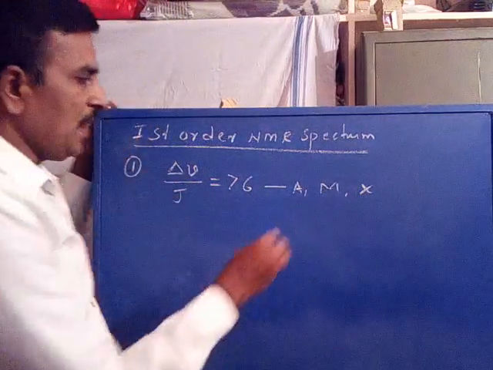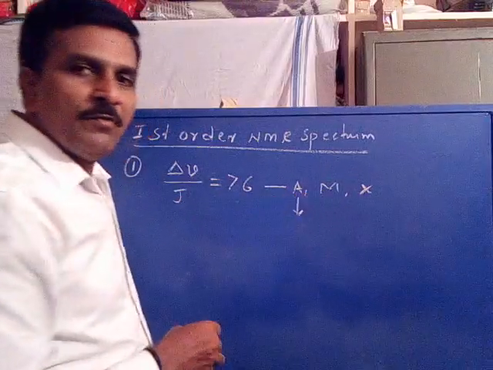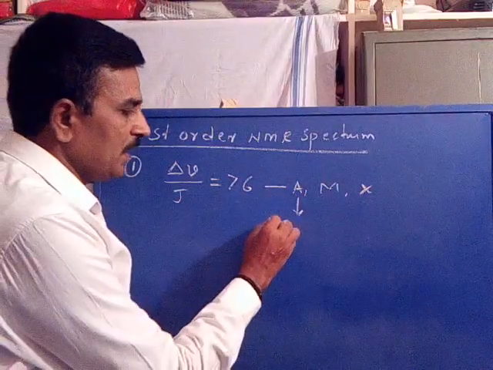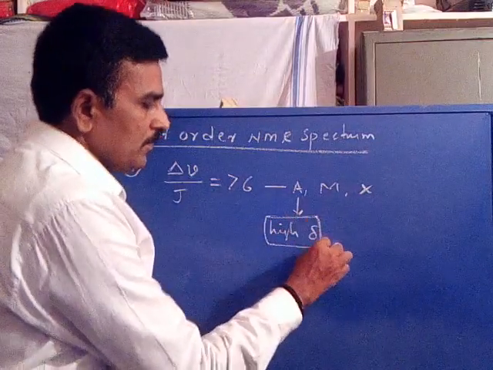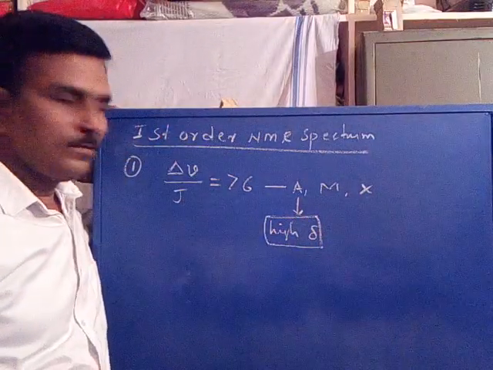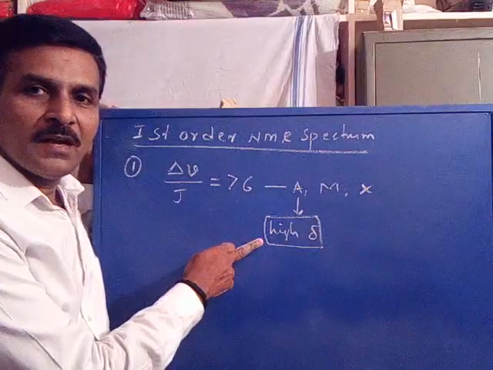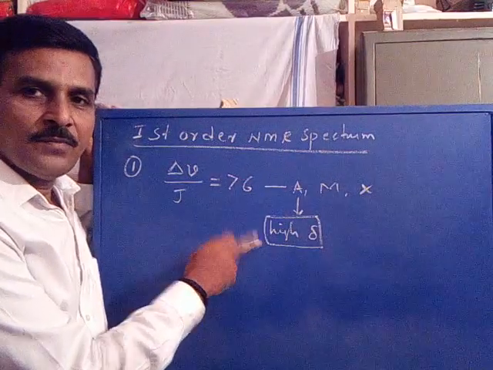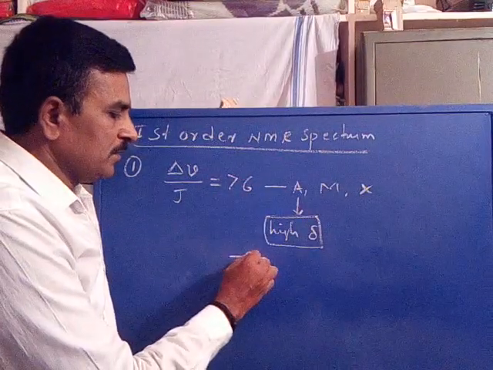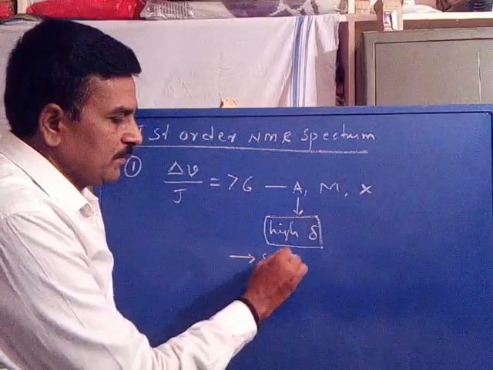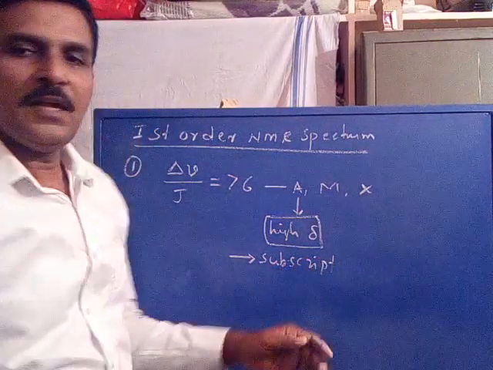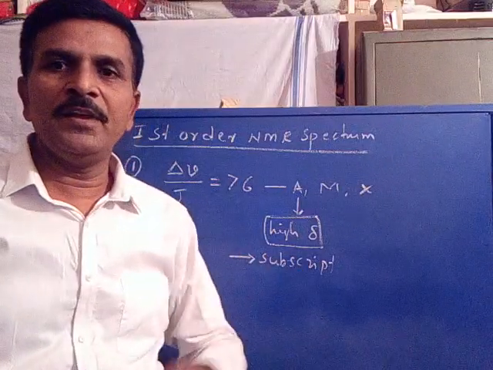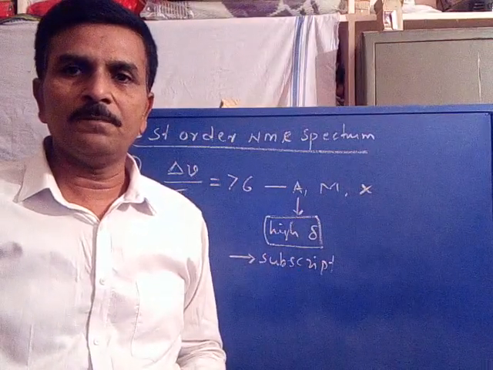Now the letter A is to be used with a set of protons with high delta value. Is it clear? Now the number of protons will be designated with a subscript number.